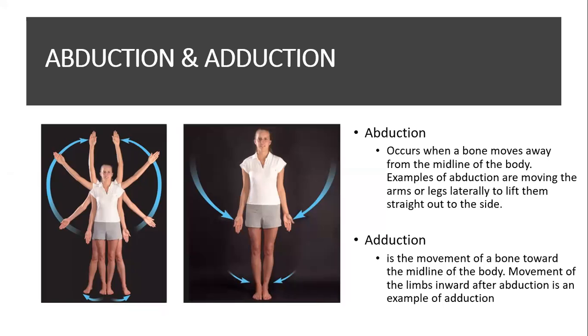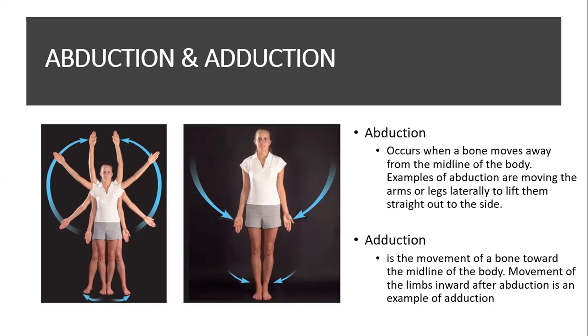Abduction, moving away from the body. Adduction is moving back towards the body. Looking at that same picture on the left side, she starts from the top and she's coming downwards. That's adduction, where the movement is going towards the body.